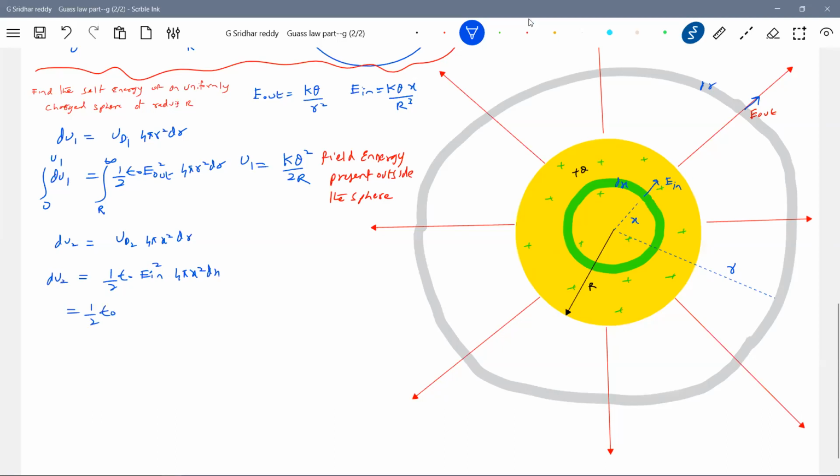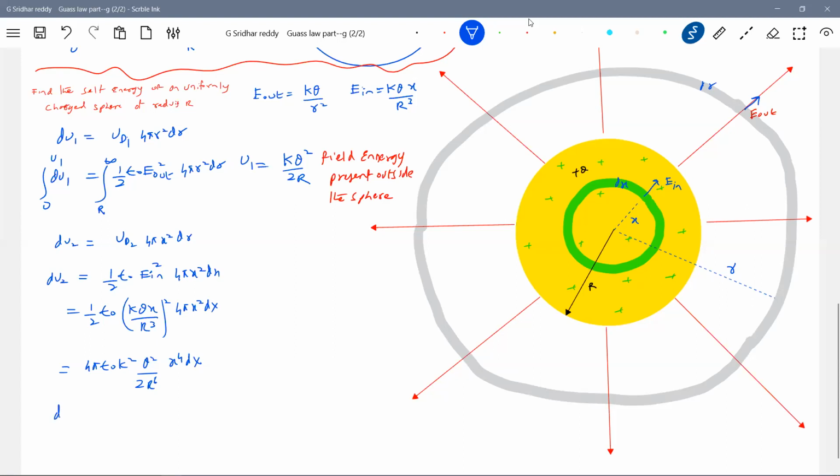What is the electric field inside? Kqx by R cube whole square 4 pi x square dx. So 4 pi epsilon naught k square q square by 2 R to the power of 6, x to the power of 4 dx.